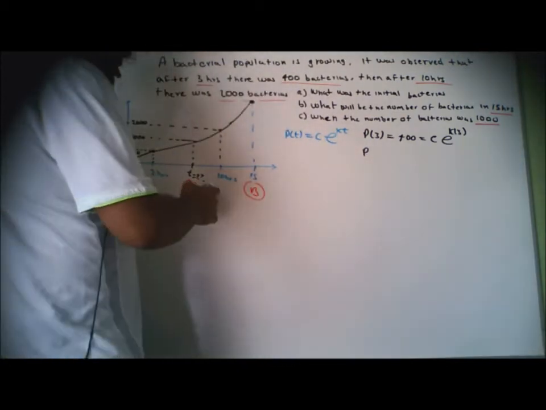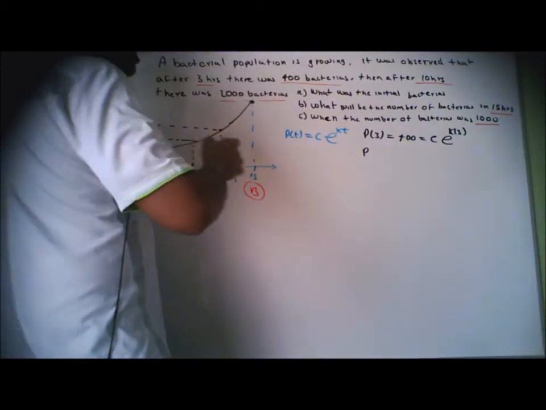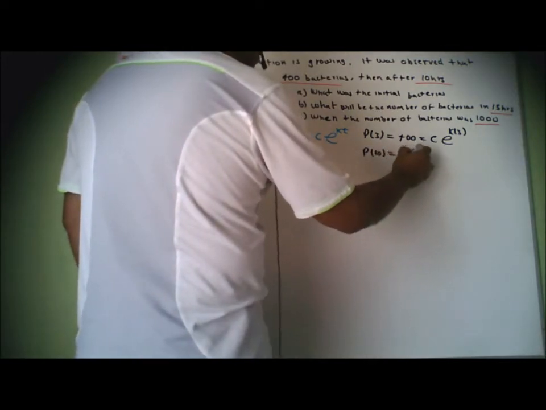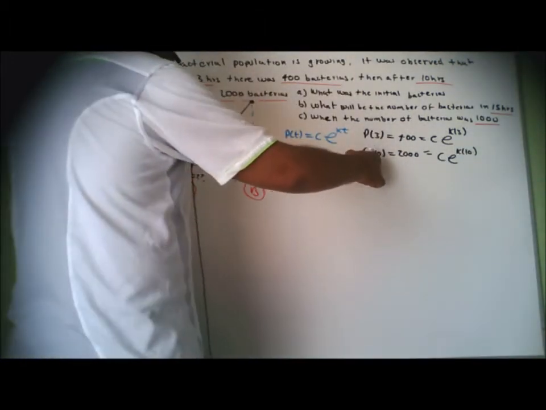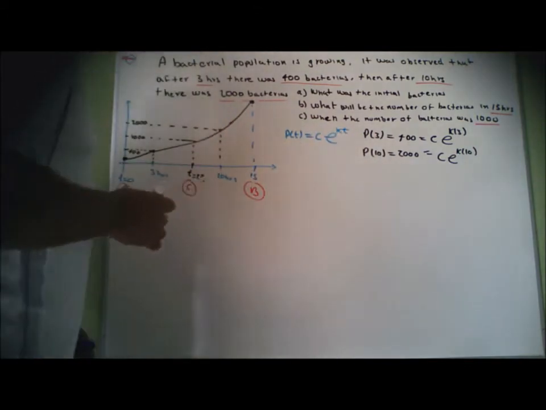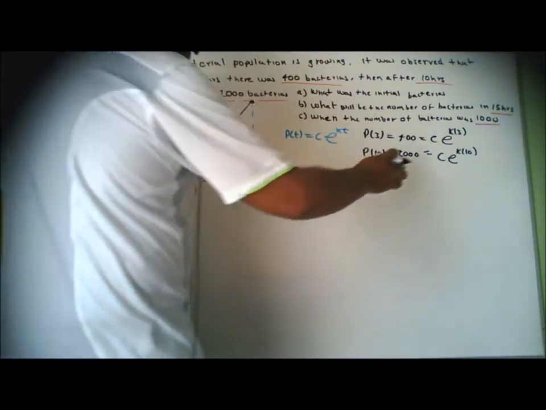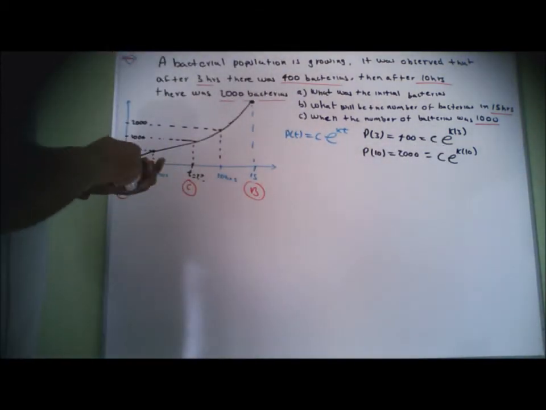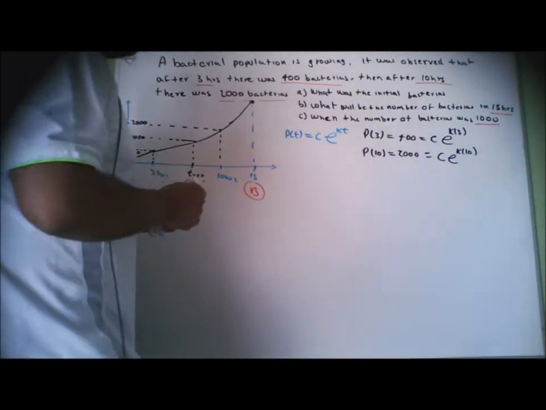The other point is at 10 hours: P of 10 is equal to 2000, and that is equal to c times exponential of k times 10, where you replace the value of 10 in the time. As you can see, you have two equations and two variables, the constants k and c.